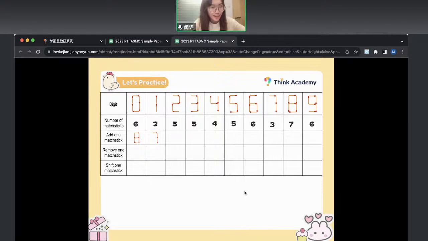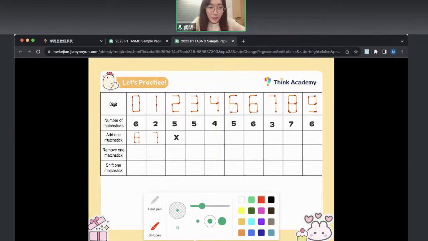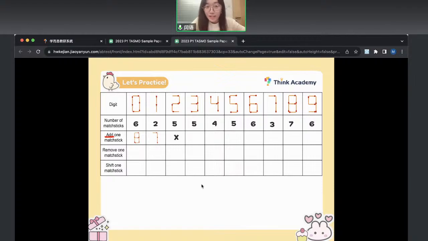Are you sure? 5? Add 1 more matchstick. No. No. Okay, so here, look. Please read it carefully. Add 1 matchstick. It is not about move, okay? It is not about move. That is add. So actually, you see for digit 2, if you add 1 matchstick, you cannot get anything.